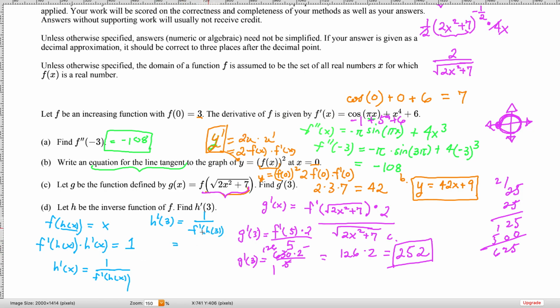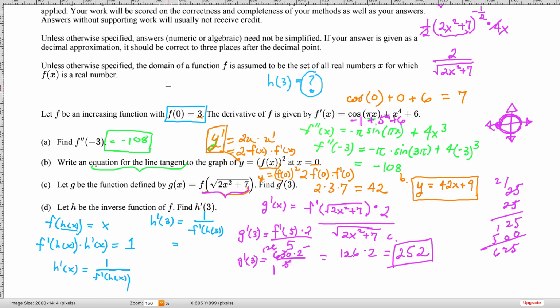And we need to know a value for h of 3. So that's the only other tricky aspect of this. If you look at the information that they give you, you're looking for h of 3. You want to know what this is.